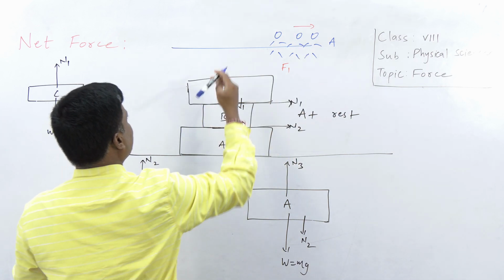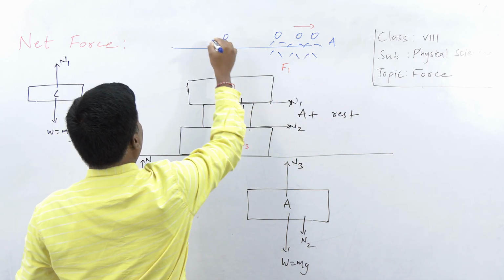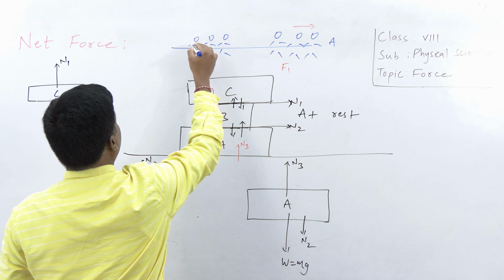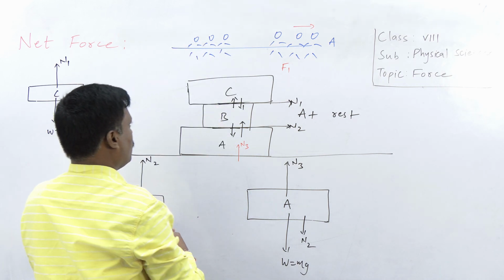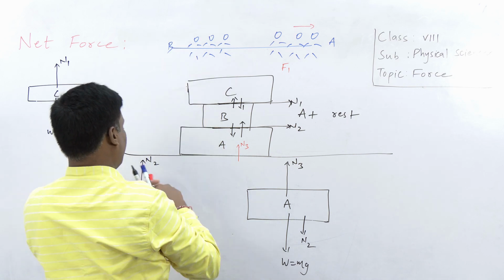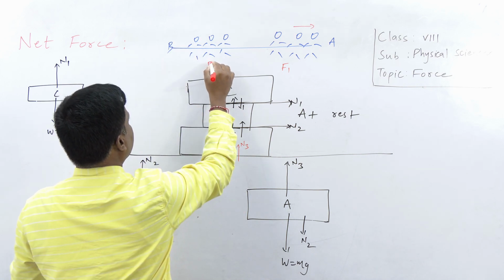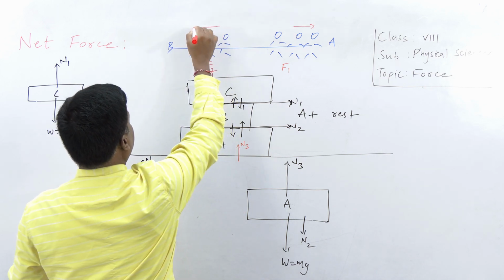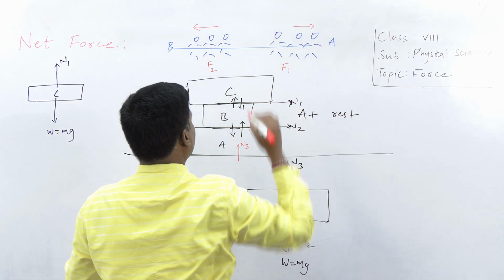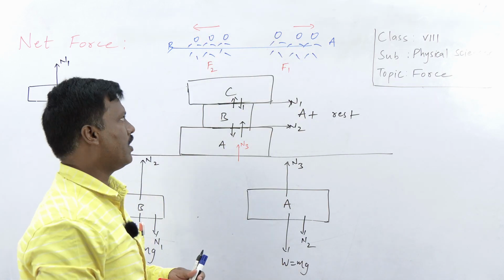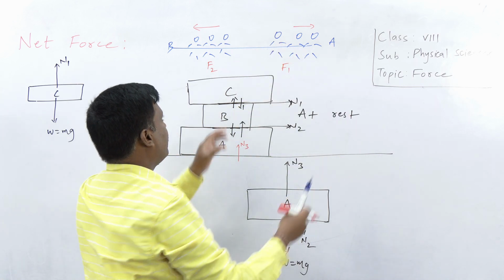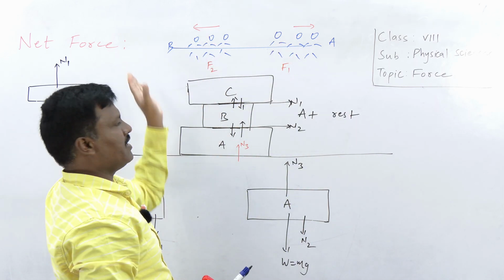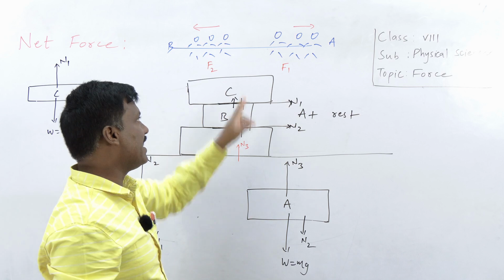And the other group of people is also pulling the rope towards the left. So this is group B and the force exerted by group B is F2, but the direction is opposite to the group A people. The force exerted by group A is towards the right and the force exerted by group B is towards the left. Two forces are acting on the rope.